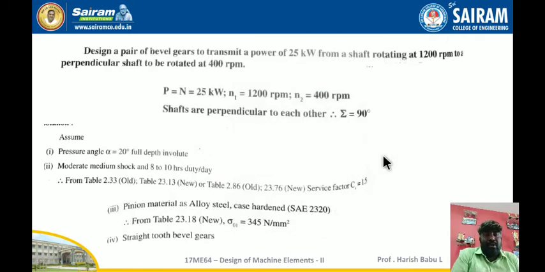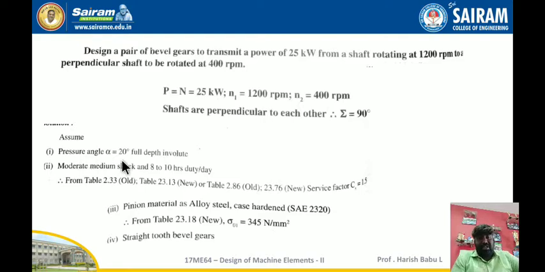Coming to the problem, let us consider a problem. Design a pair of bevel gears to transmit a power of 25 kilowatts from a shaft rotating at 1200 rpm to a perpendicular shaft to be rotated at 400 rpm. So P is equal to 25 kilowatts, N1 is equal to 1200 rpm, N2 is equal to 400 rpm. The shafts are perpendicular to each other, so sigma will be equal to 90 degrees.